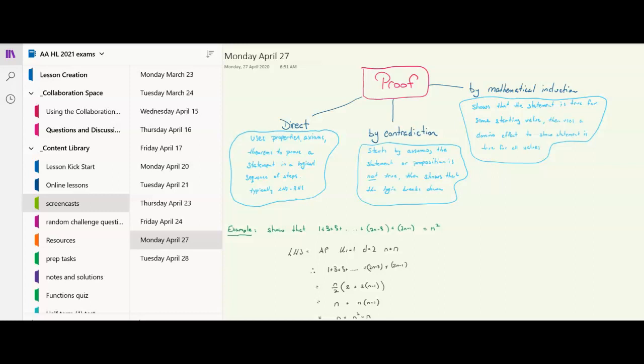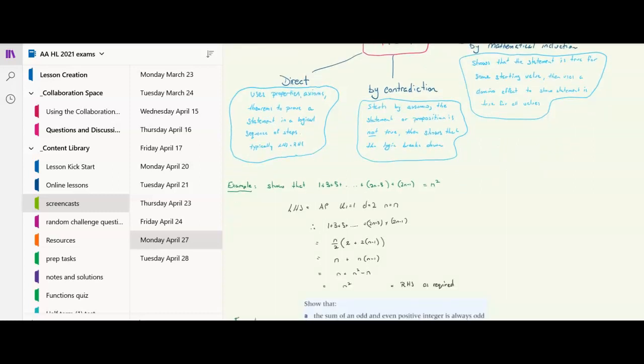We're going to proceed along logical lines with the view to hopefully finding that we will come across some kind of breakdown in the logic. We'll come across a contradiction in our logic, and we'll come up against something that we know to be false. And so therefore we can go back and say, well, it must therefore be true. It's a kind of convoluted method of proof, but it does come in handy.